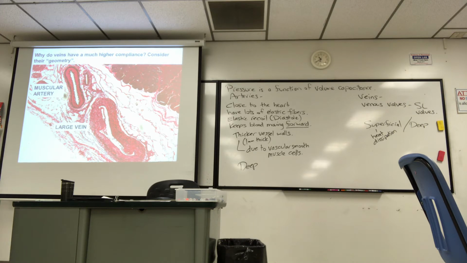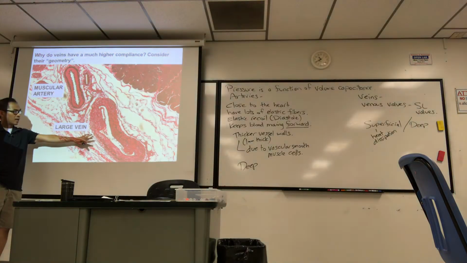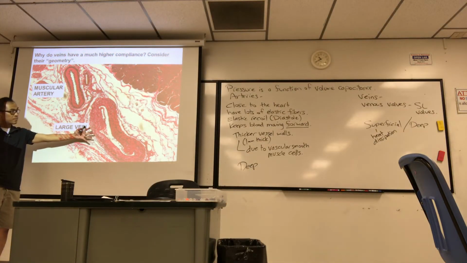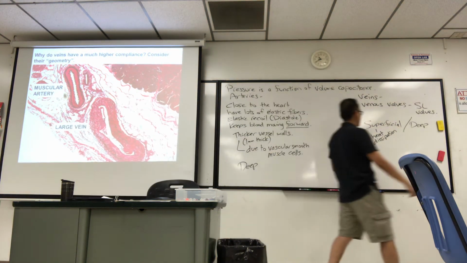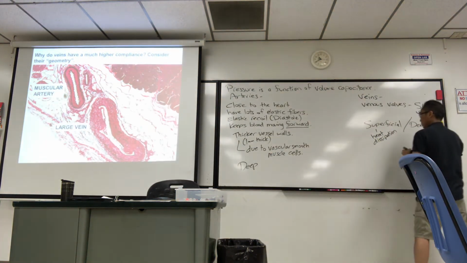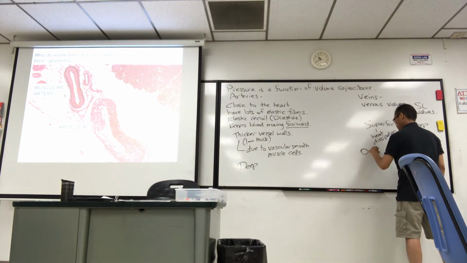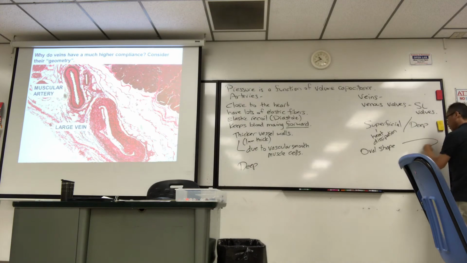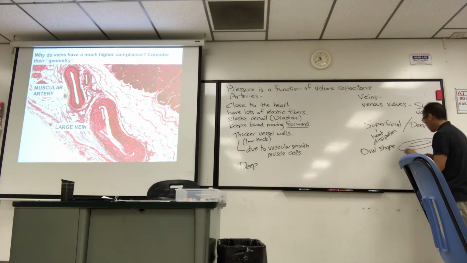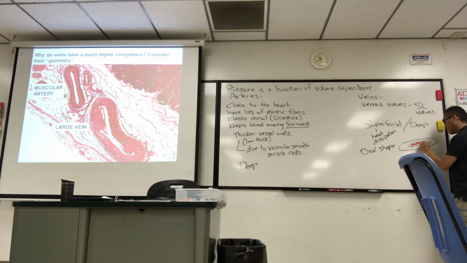I guess consider their geometry. Usually they're shaped like an oval or ellipsoid shape, I mean, oval shape in cross section. So if you have a shape like this, and you're filled with blood in the middle, that volume is large, but it's small for its capacitance.